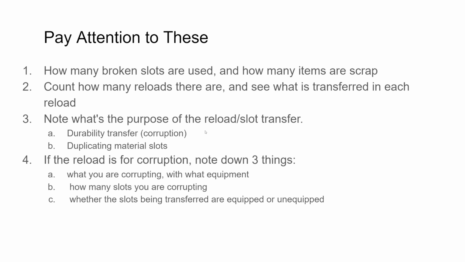So third is to, once you know where those reloads are, you can check the purpose of those reloads, and if the reload is corruption, make sure you do the corruption correctly. And lastly, again, if the reload is for corruption, these 3 things will help you to memorize how to do the corruption correctly.